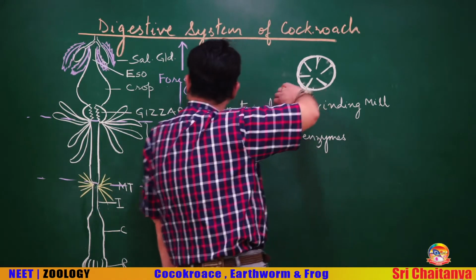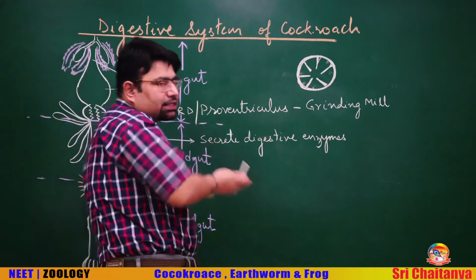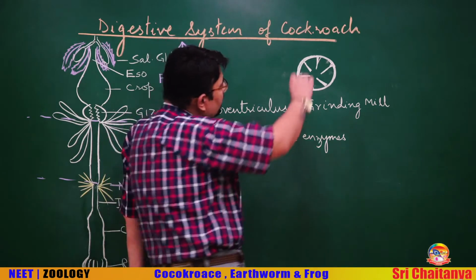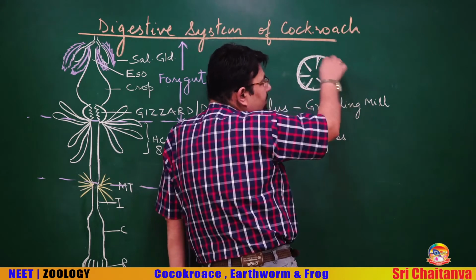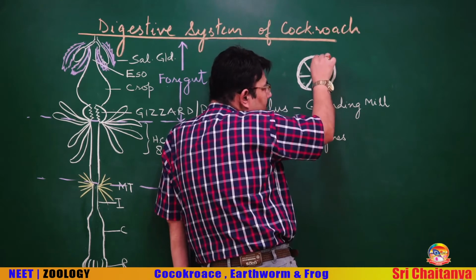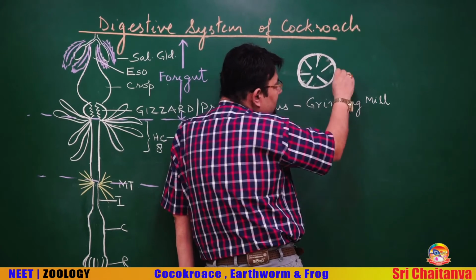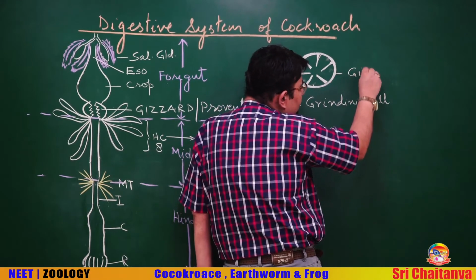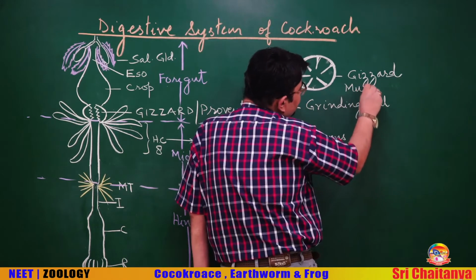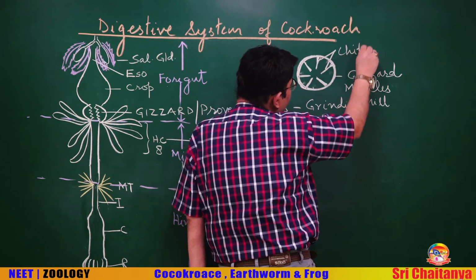You know that the entire foregut is internally lined by chitin, the same material which forms the exoskeleton of insects. The same material, chitin, forms 6 blade-like structures, called teeth-like or plate-like structures, and these are thick muscles. This is the gizzard, muscles of the gizzard, and these are the chitinous plates.